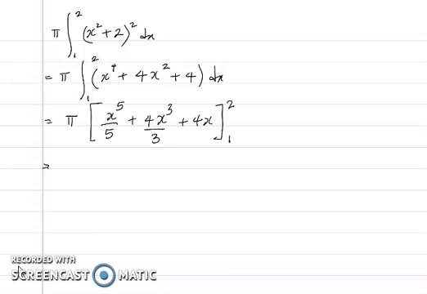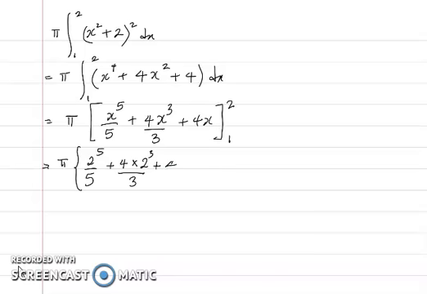Now next I'm going to replace x with 2, then I'm going to replace x with 1, so it's pi, and what I have is 2 to the 5th power over 5 plus 4 times 2 to the 3rd power over 3 plus 4 times 2.